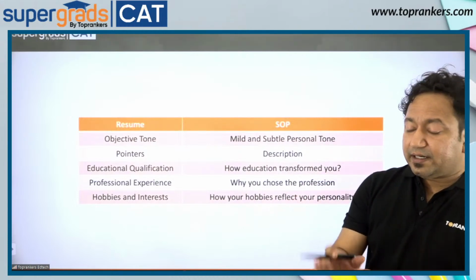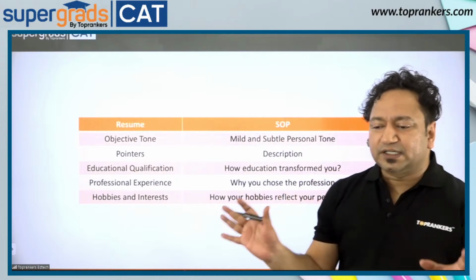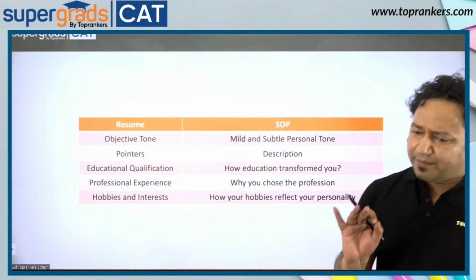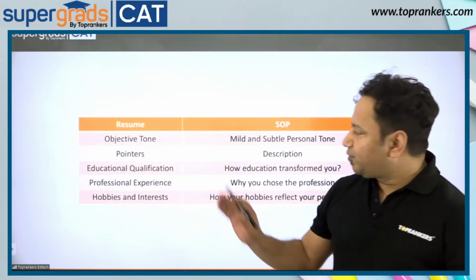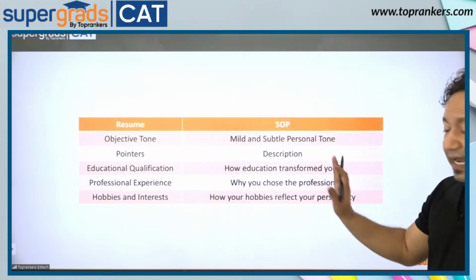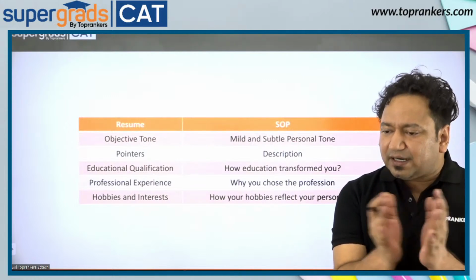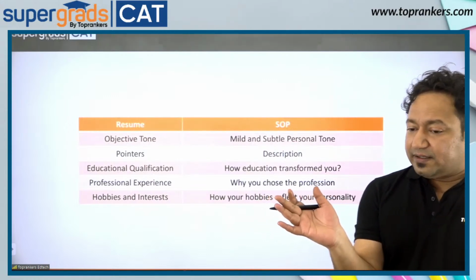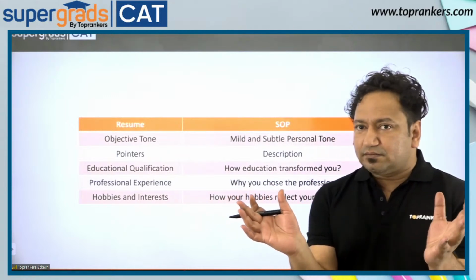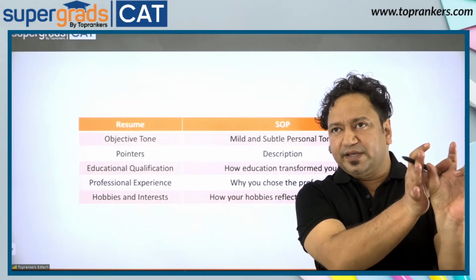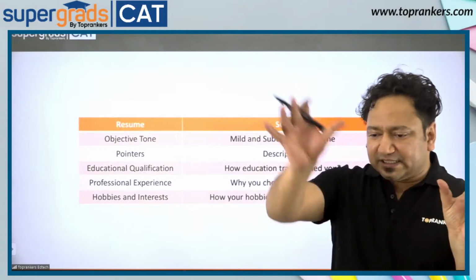That is what I call the subtle personal tone. Clear? It should be mild. A resume should be full of pointers. An SOP should have descriptions. What you're telling in your resume can be described in an SOP, but it doesn't mean you write just one point like 'here I topped', rather you describe how you topped.